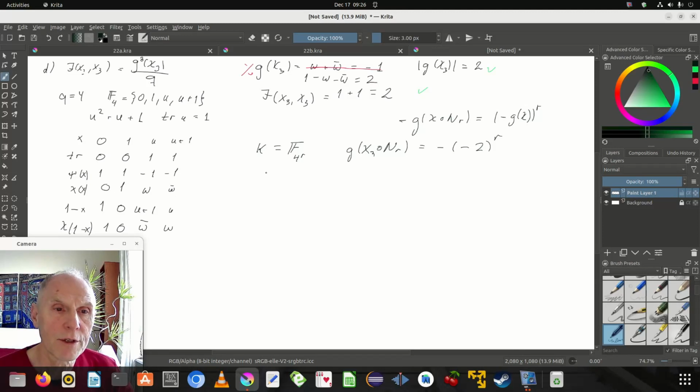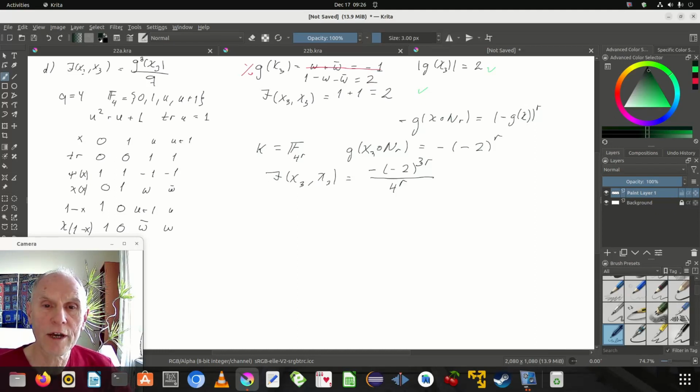And that means that j equals, and then that's to the third, so it's minus 2 to the 3r divided by 4 to the rth.